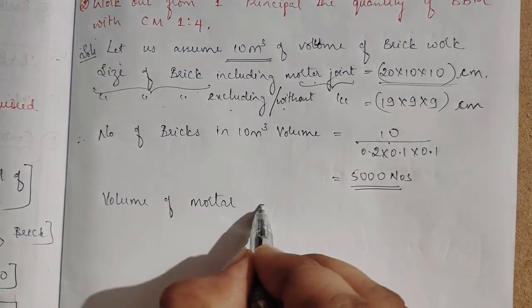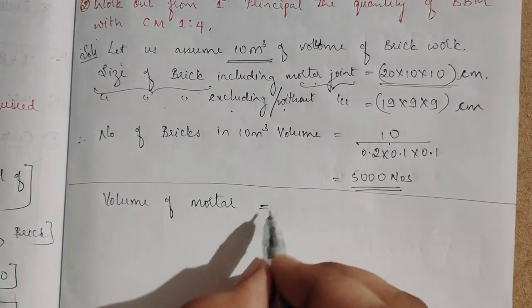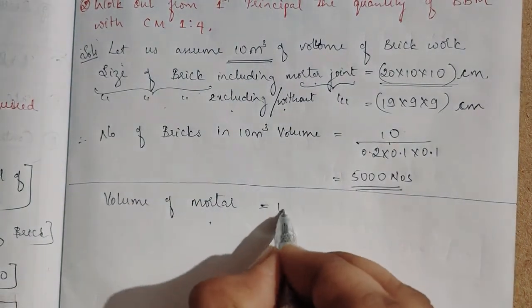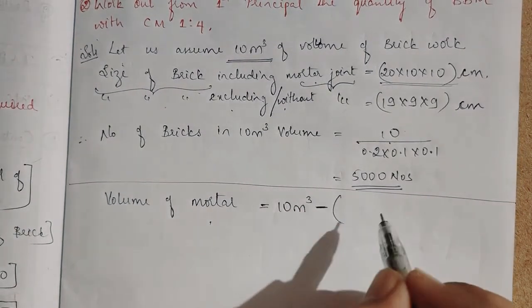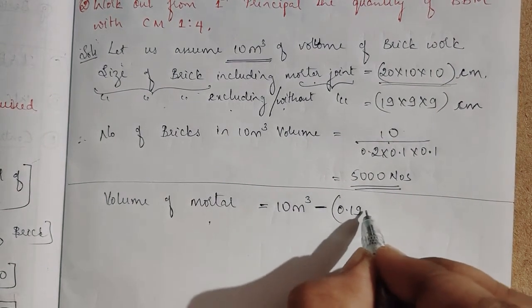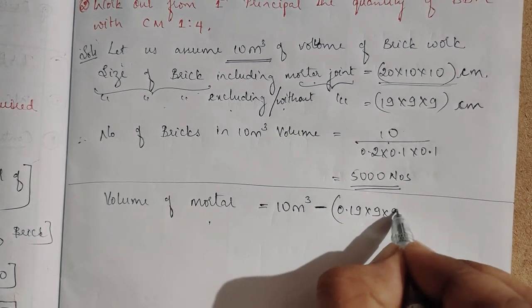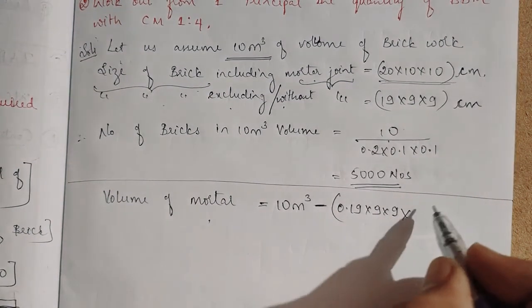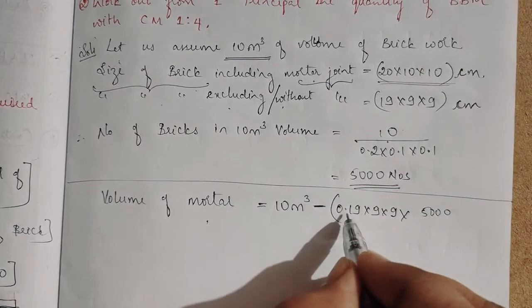Okay, what will be the volume of mortar? The volume of mortar will be this 10 meter cube volume, what we assumed, minus the brickwork item, the size of the brick without the mortar joint, into the number of bricks, that is 5000.